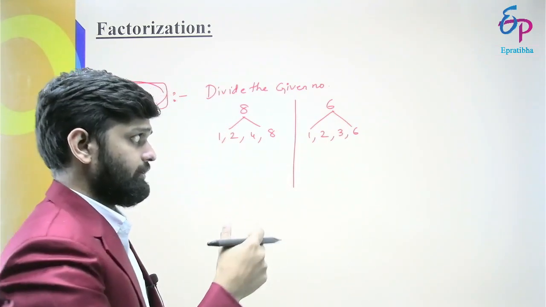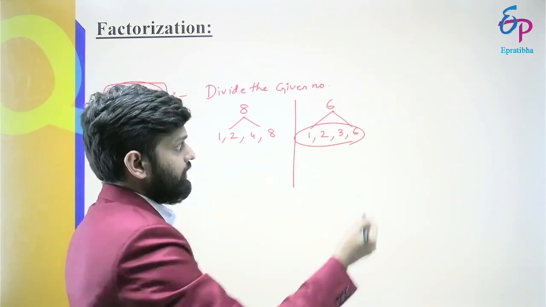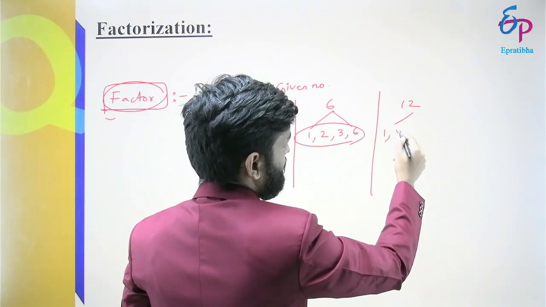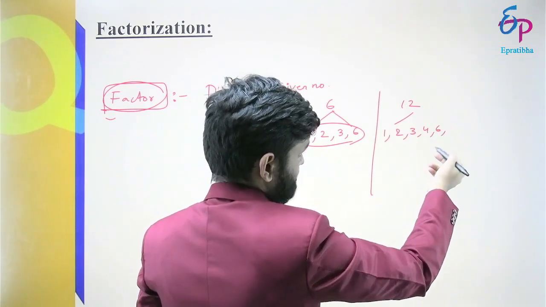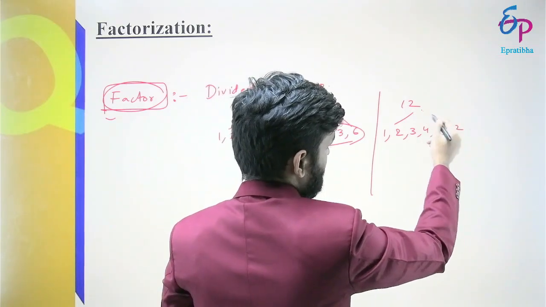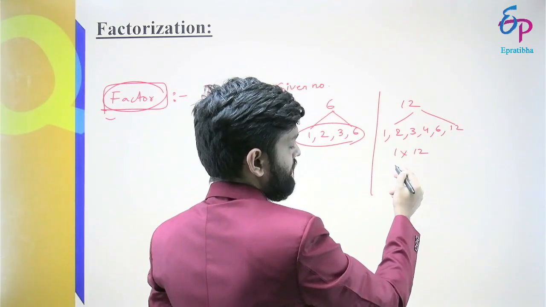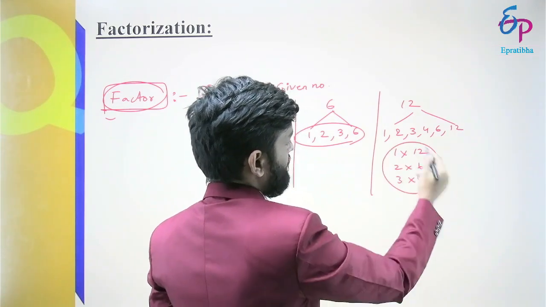If you divide 6 by these numbers, the remainder will always be 0. If the number is 12, 1 can divide 12, 2 can divide 12, 3, 4, 6 and 12. Or in our school days we used to write like this: 1 into 12, 2 into 6, 3 into 4. All numbers I have written here or not.